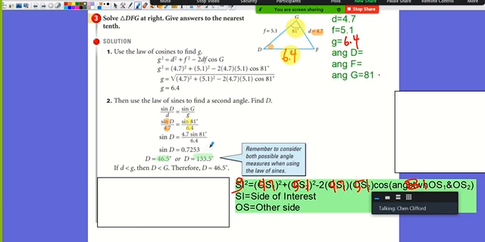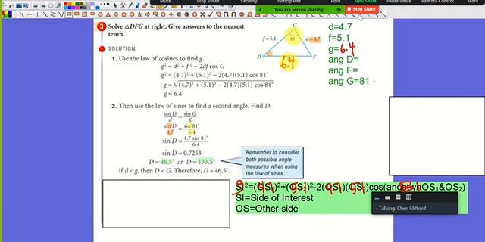Now, with all that said, 133.5 is not a feasible answer. Because if 133.5 were indeed angle D, that would be an impossible triangle, because 133.5 plus 81 will exceed 180, which is the maximum amount of degrees for a triangle.